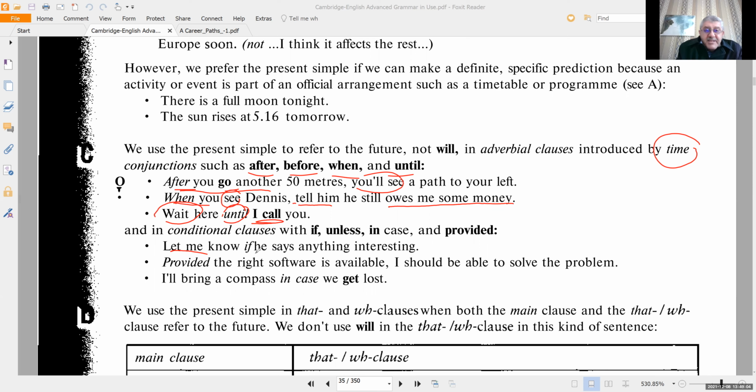Let me know if he says anything interesting. إذن هنا حنستخدم معها أيضا المضارع البسيط مع if, conditionals unless when and provided في حال توفر الشيء. Provided the right software is available, I should be able to solve the problem.